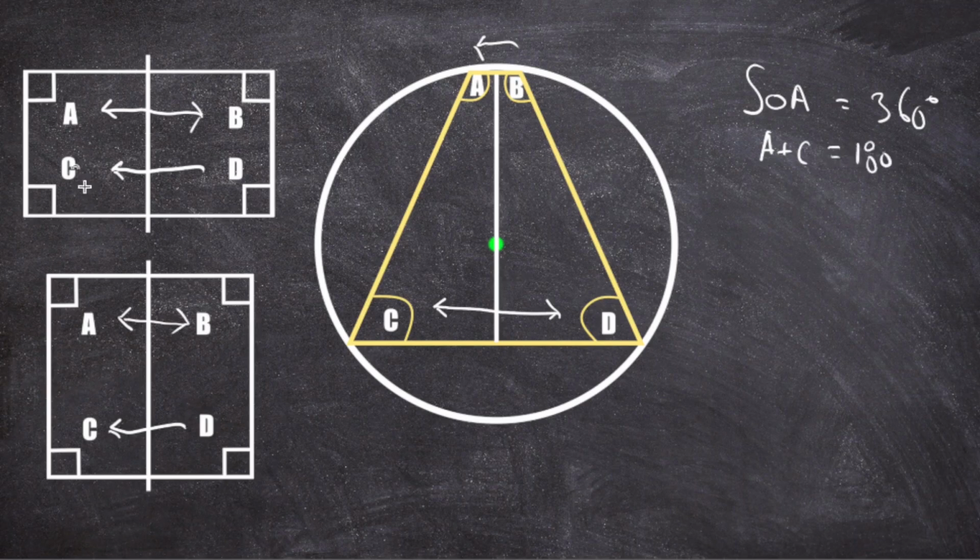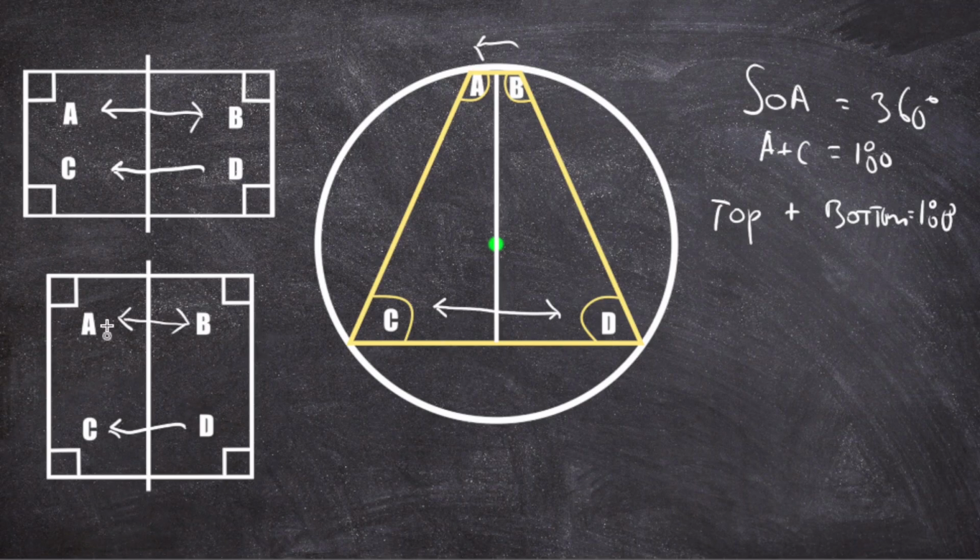But I'm not going to call them A plus C, I'm just going to call them the top angle plus the bottom angle equals 180 degrees. But because the quadrilateral is symmetrical about the vertical line, the sum of any top and bottom angle is 180 degrees.